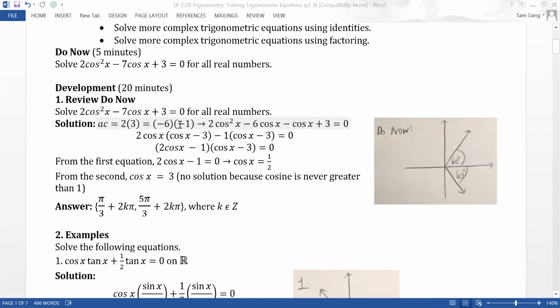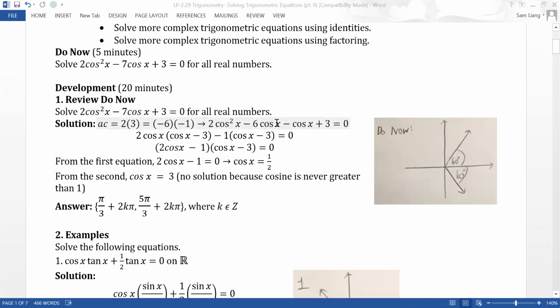Because -6 times -1 is 6, right? So that pans out. But that tells you how to split up the middle term, which is -7 cosine x. So you can split it up into -6 cosine x and -1 cosine x. Okay, so we just split the middle term, -7 cosine x, into -6 cosine x, negative cosine x.